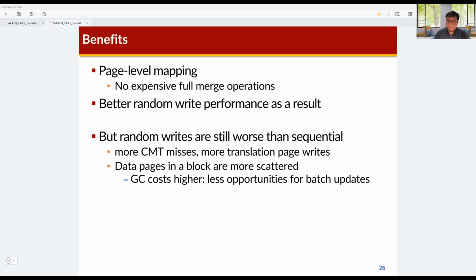The problem is that random write is still worse than sequential write, and that's true because with random write we need to access the CMT and the translation pages inside of a translation block frequently. Also, the garbage collection cost may be high.